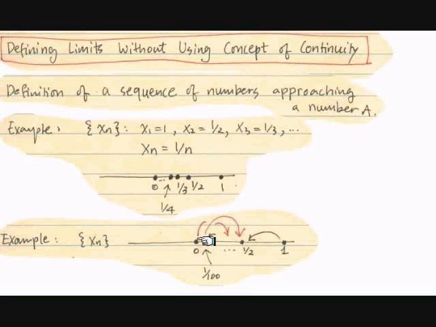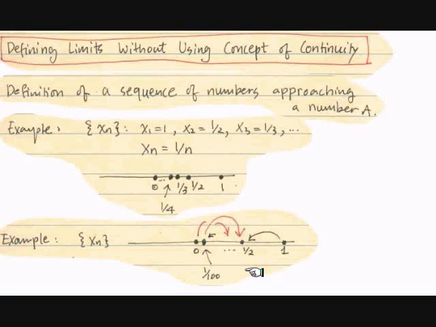When we hit 1/1,000th, we come back to 1/3, then go all the way down until we hit 1/10,000th, and then we come back to 1/4, and then 1/5, and 1/6, and so on. If you keep repeating this pattern, I hope you got the idea of this approaching.